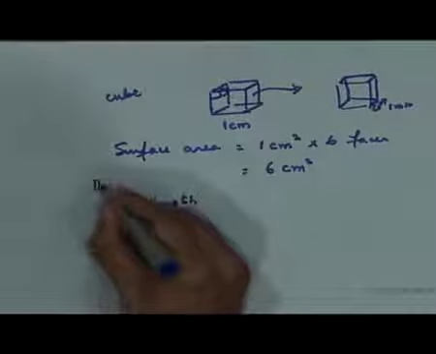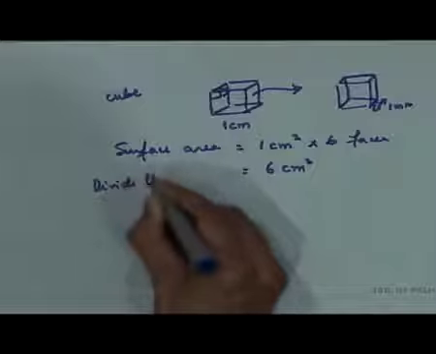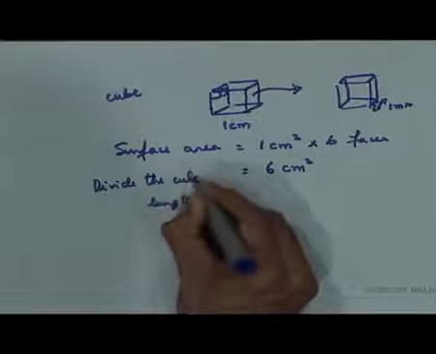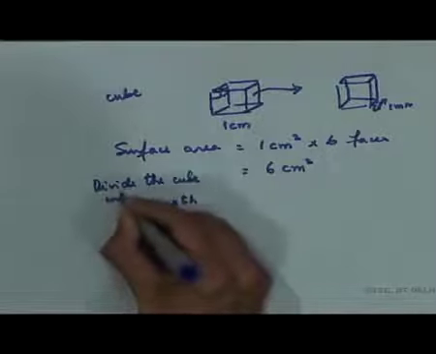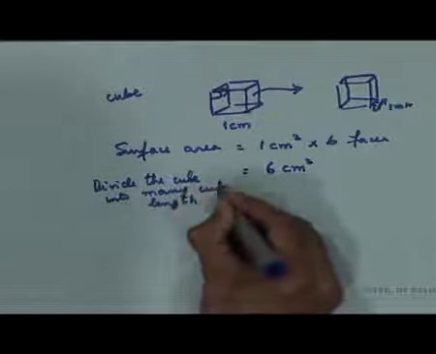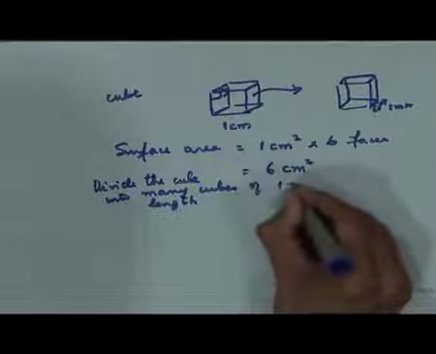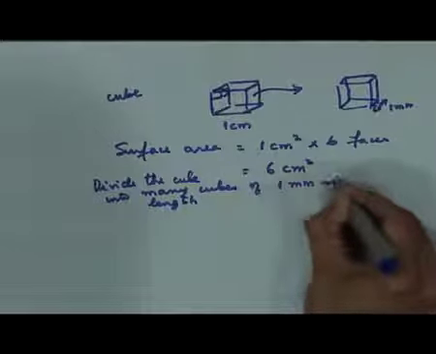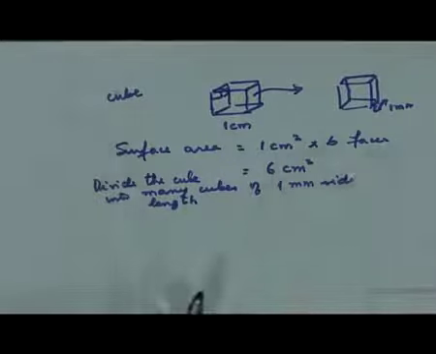So, divide the cube into many cubes of 1 millimeter side. The side length is 1 millimeter.